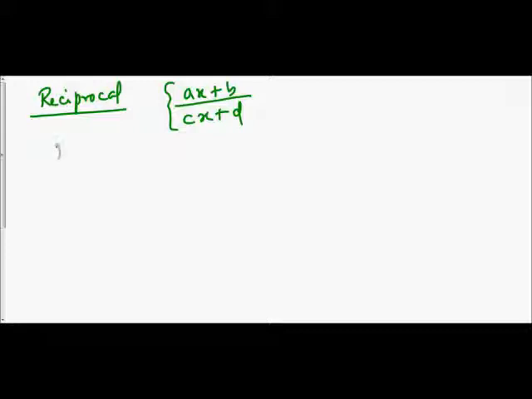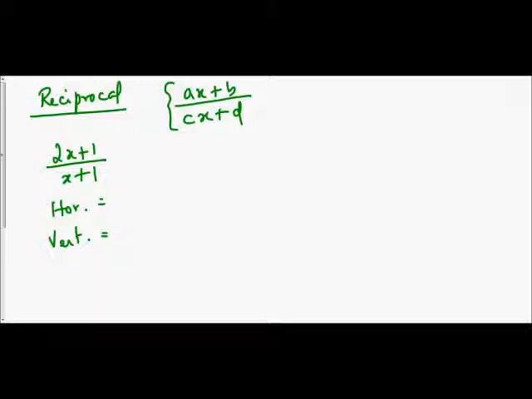Any function of this type, say 2x plus 1 over x plus 1, would have asymptotes because they are rational functions. So how do you find the horizontal and vertical asymptotes? It's not necessary that every function should have both. It might have one of them or it might have both. It can even have oblique as well. But we are only concentrating on horizontal and vertical for the time being.